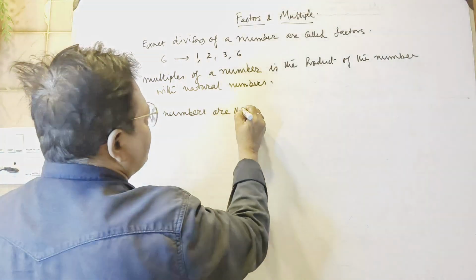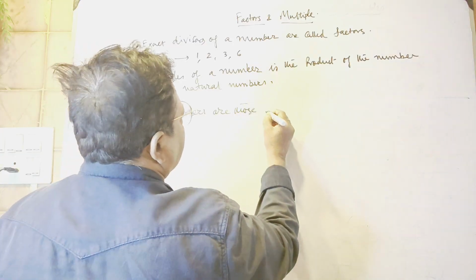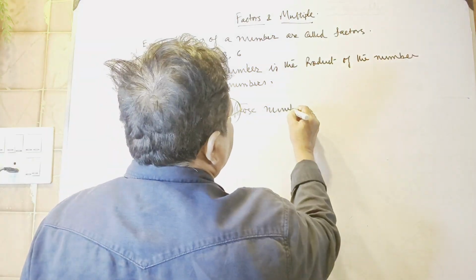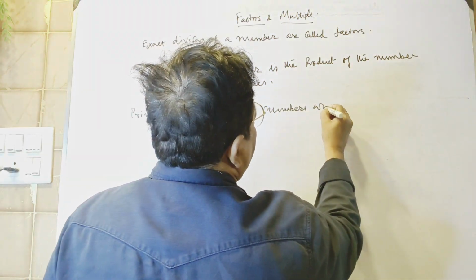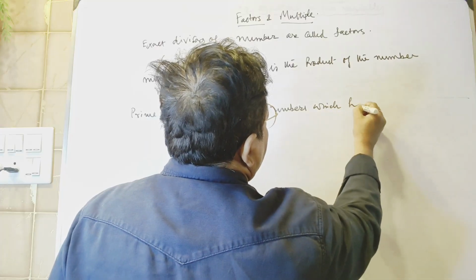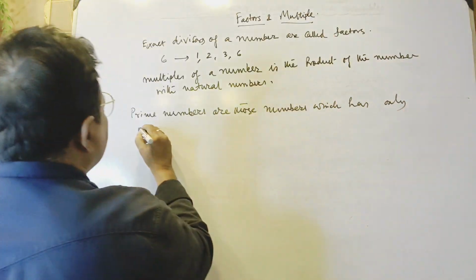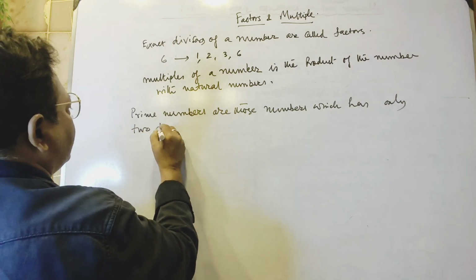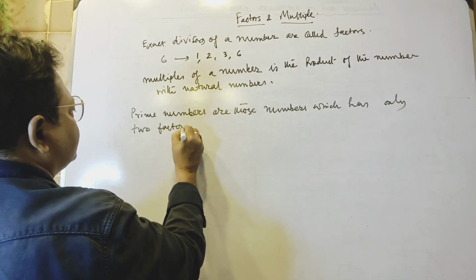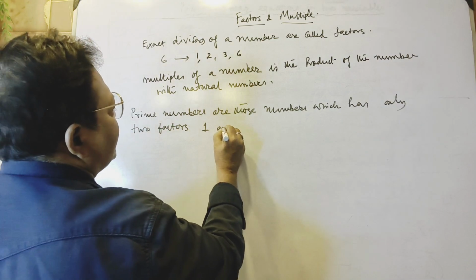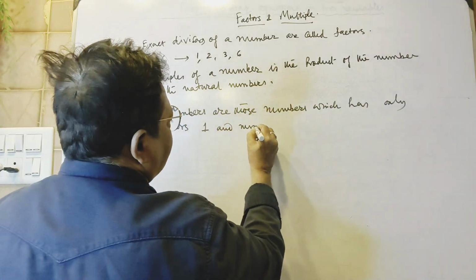Those numbers which have only two factors, one and the number itself.